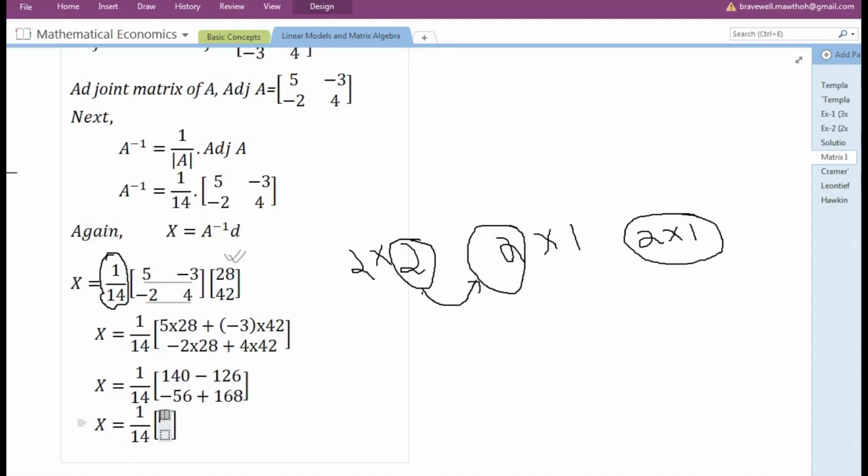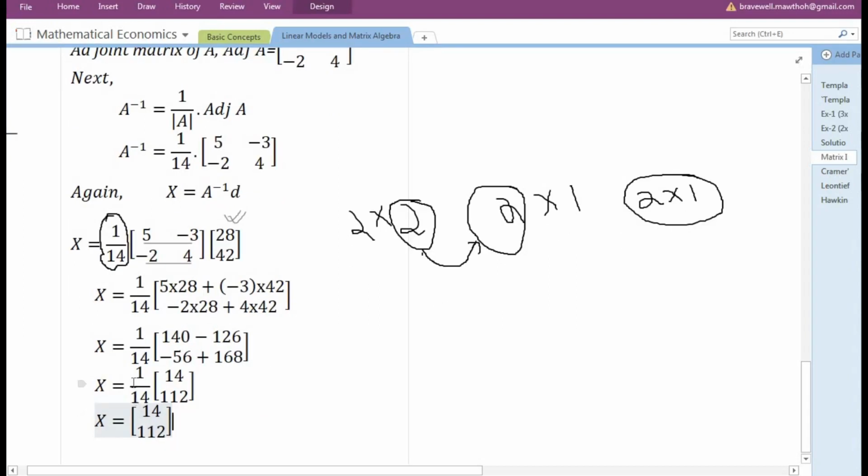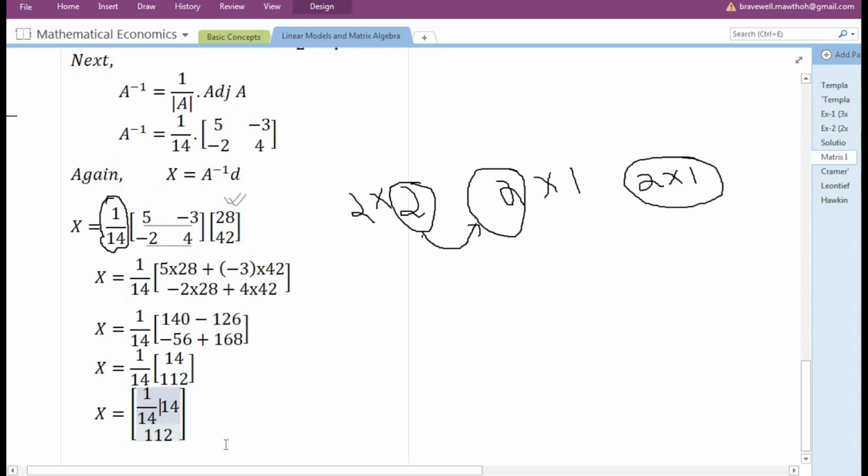Let us simplify further. 140 minus 126 equals 14. We can use a calculator. 168 minus 56 is equal to 112. In the next step, you can multiply this number with each element inside the vector.